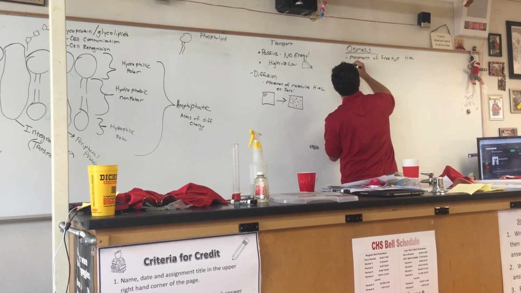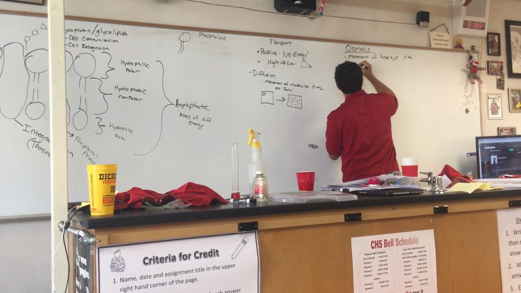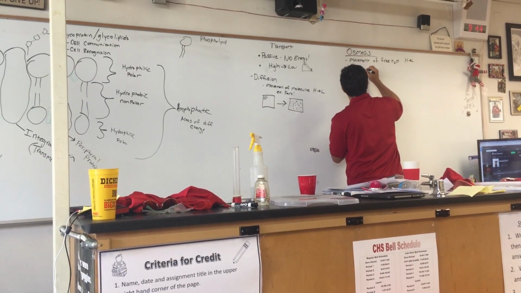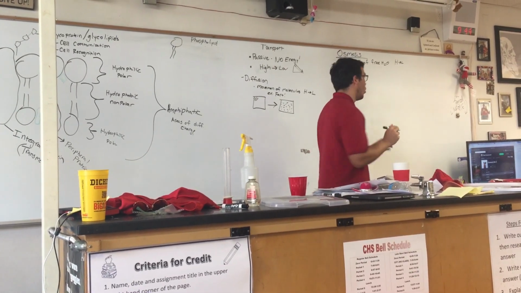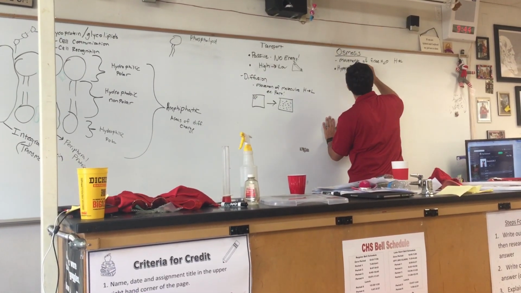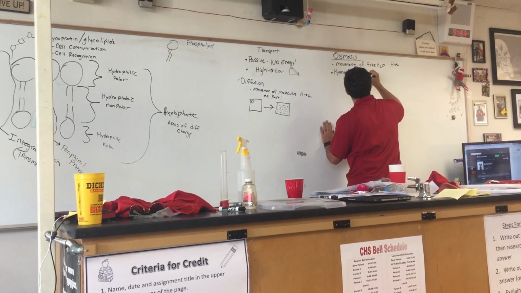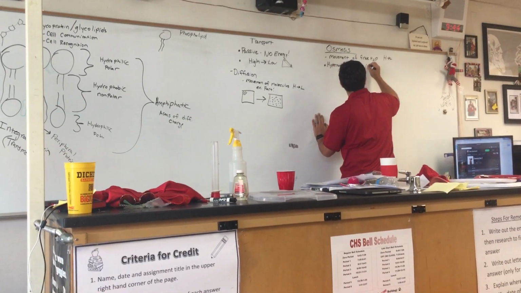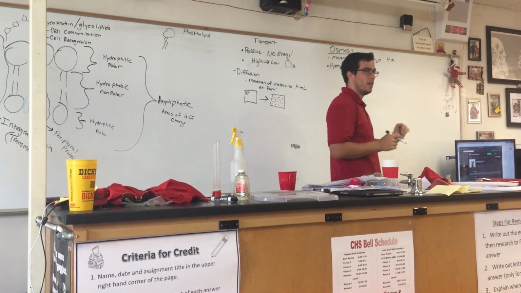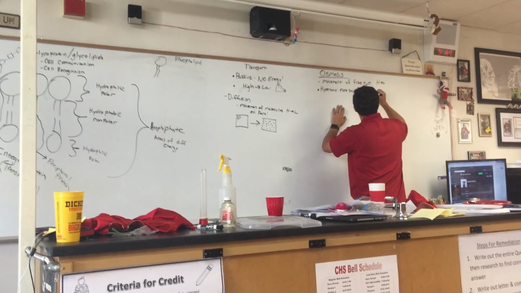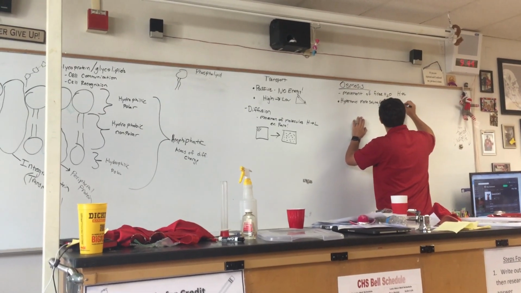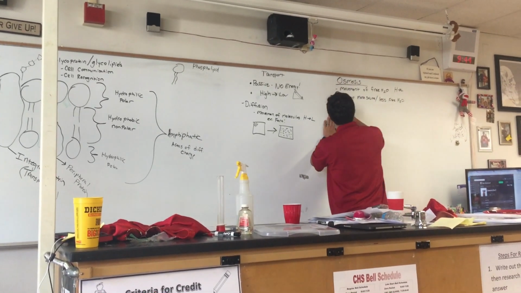Term number 1 is going to be hypertonic. If it's hypertonic, does it have more or less solute? More. Okay? So it's got more solute. What about free water, does it have more or less free water? It's got less free water. So more solute, less free water.